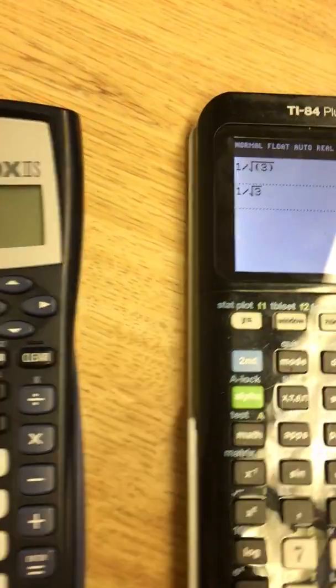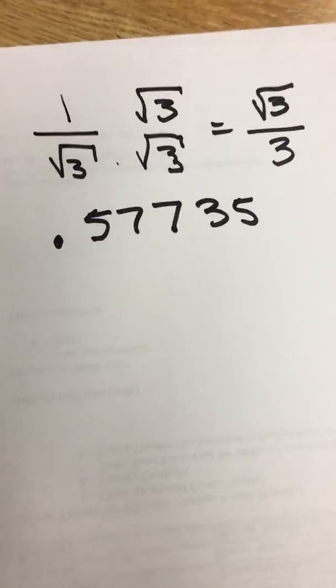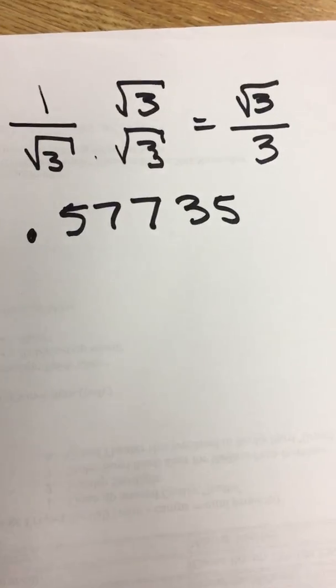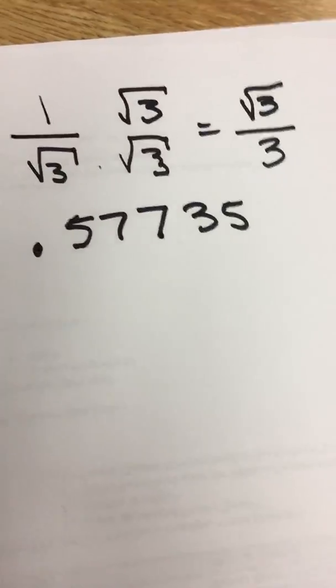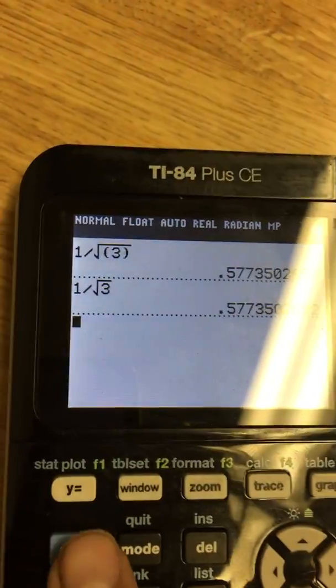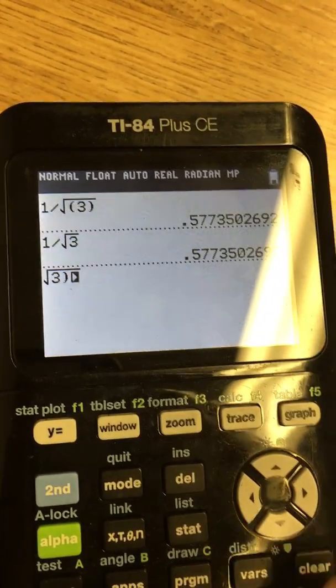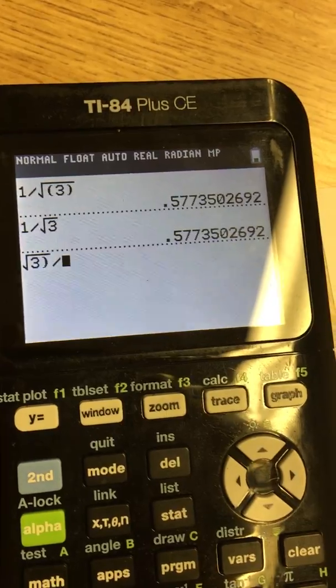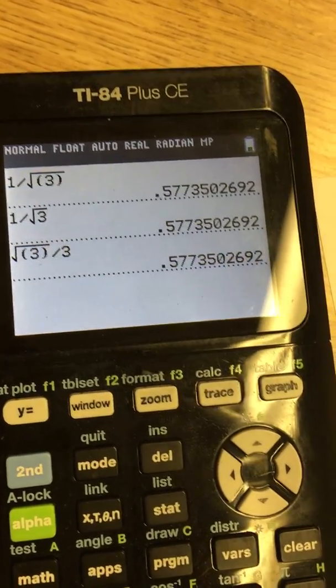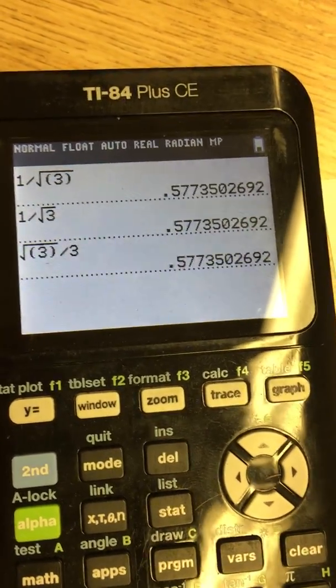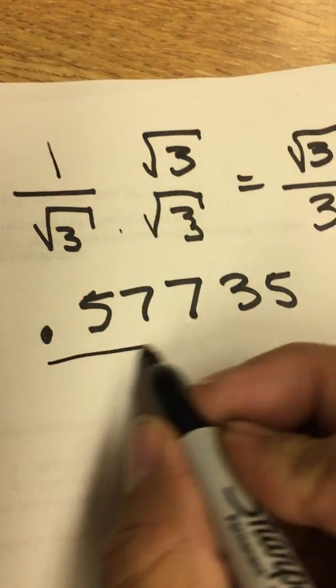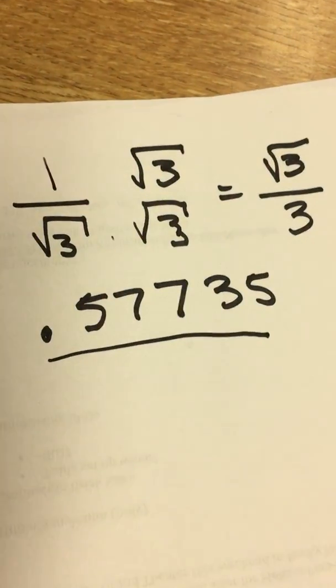No big deal. So, real interesting that we got this answer. But if I also took the square root of 3 divided by 3, I got the same answer. So I would get the same answer either way I did it.